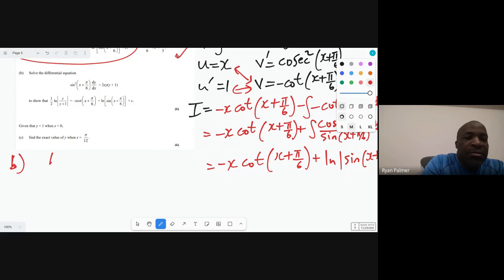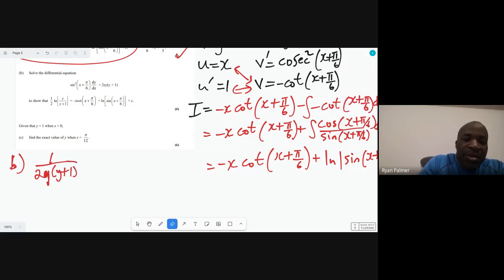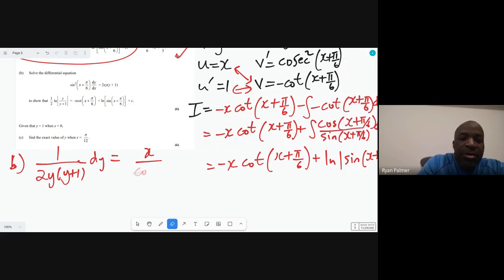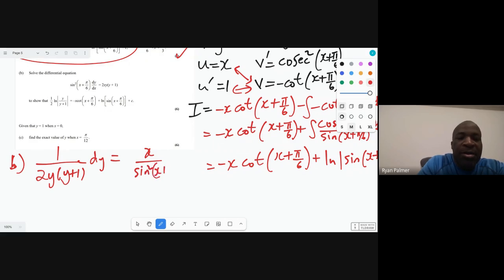So we're going to have 1 over 2y(y plus 1) dy is equal to x over sine square (x plus pi by 6) dx. And then we will integrate.